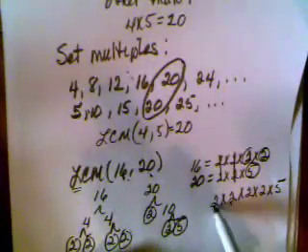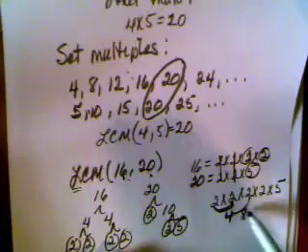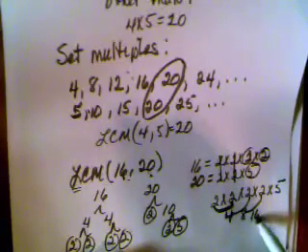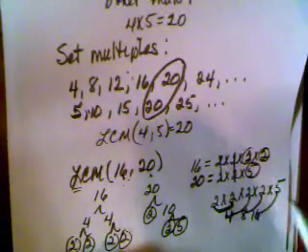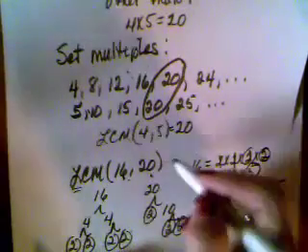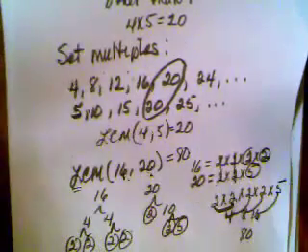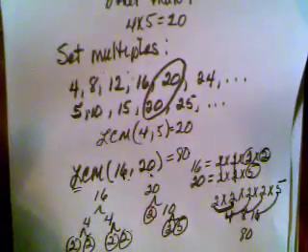So 2 times 2 is 4. 4 times 2 is 8. 8 times 2 is 16. And 16 times 5 is 80. So the least common multiple for 16 and 20 is 80.